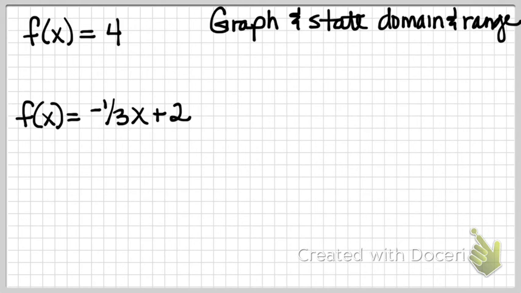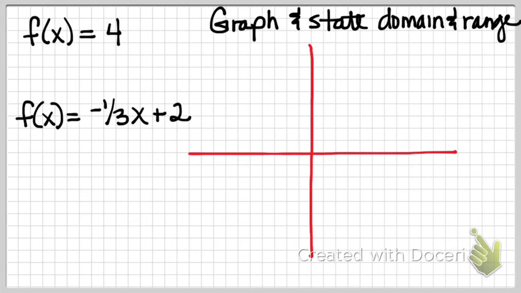All right, so for your first one, that's just a horizontal line. So the horizontal line is at y equals 4. So 1, 2, 3, 4. This is what that graph would look like. So your domain, this graph extends left and right.